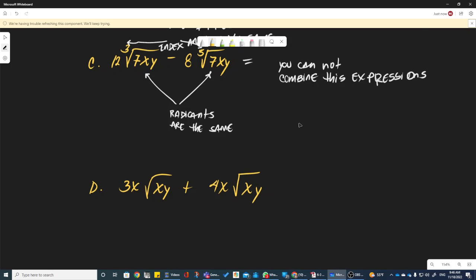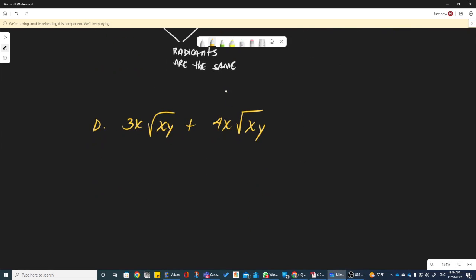Okay? So in a case like this, the first thing you're gonna analyze are the radicands. Are they the same? Good. Check. Then we're gonna analyze the index. Are they the same? Yes. Check. So that means I'm able to combine these two.